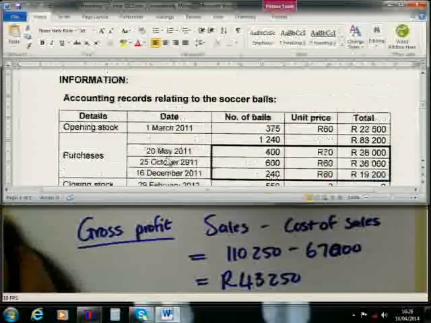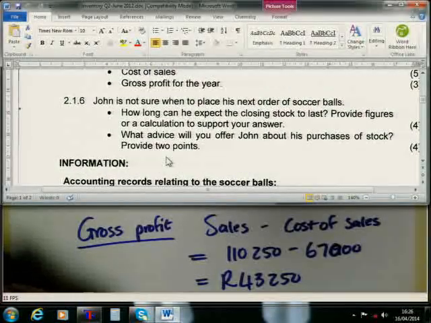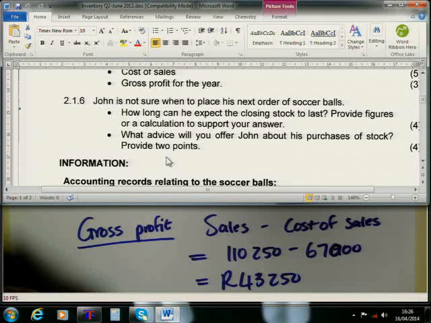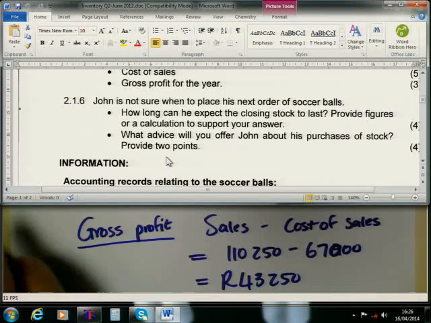The next thing that they ask us there is, John is not sure when to place his next order of soccer balls. How long can he expect the closing stock to last? Provide figures or a calculation to support your answer.